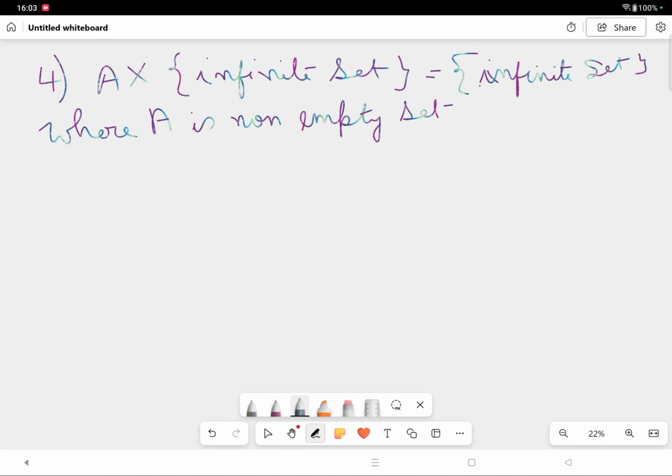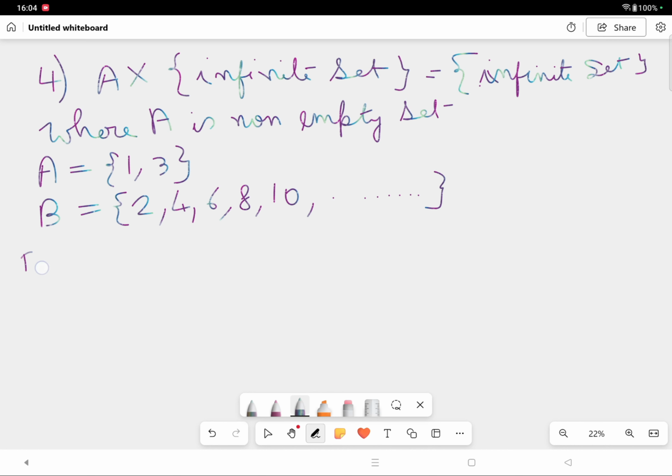What does it mean? Again, suppose you are taking two elements as 1, 3, and for B you are taking an infinite set like 2, 4, 6, 8, 10, and so on. It's an infinite set. Now this Cartesian product we can also find out, it's possible, but the thing is that it will be an infinite set.